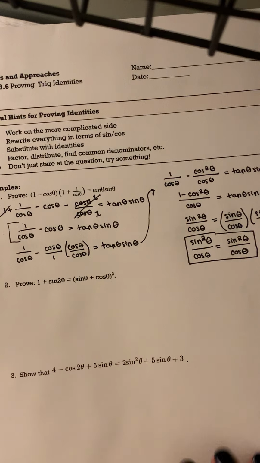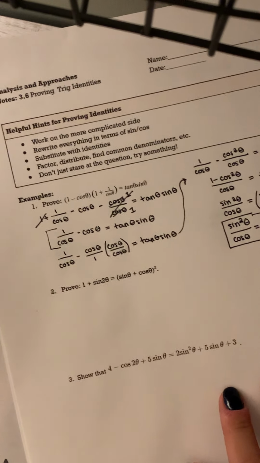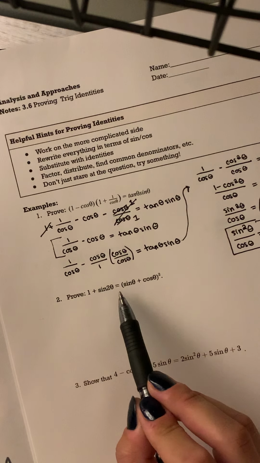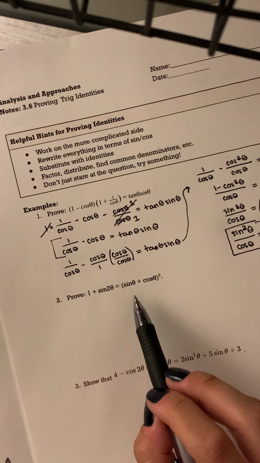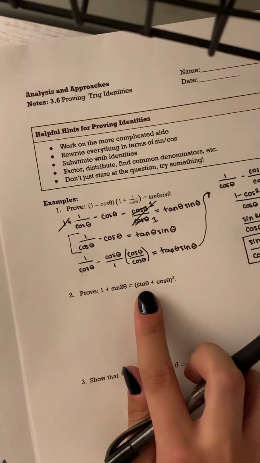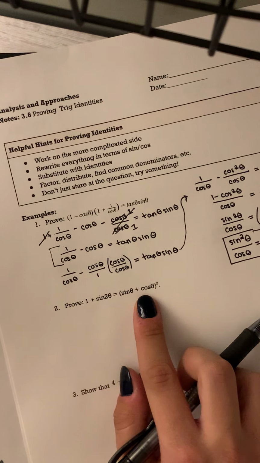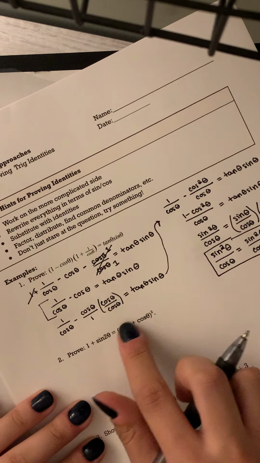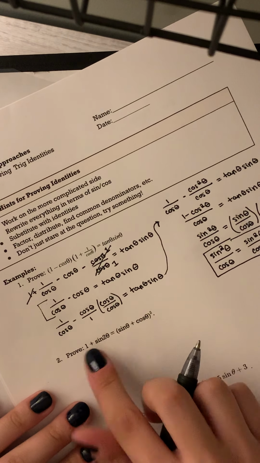Okay, so moving on to question 2. We want to prove 1 plus sine of 2 theta equals sine of theta plus cosine of theta, squared. Because we have that squared, this side looks a little more complicated than this side.